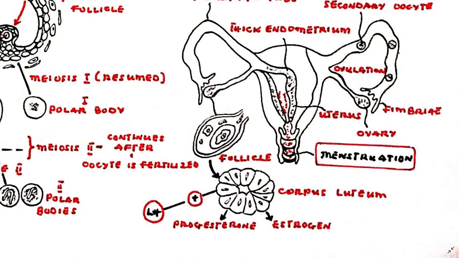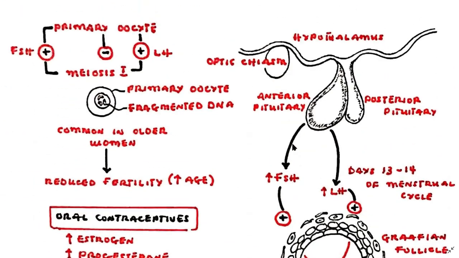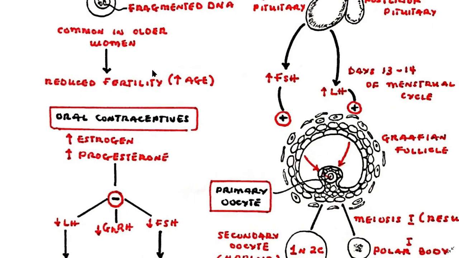The primary oocyte may be arrested in meiosis 1 throughout life for about 40 to 50 years if it is not triggered to continue development until a menstrual cycle late in reproductive life. DNA fragmentation within those stored oocytes is more common in older women as DNA damage increases with time. This may be the reason for reduced fertility with increasing age.